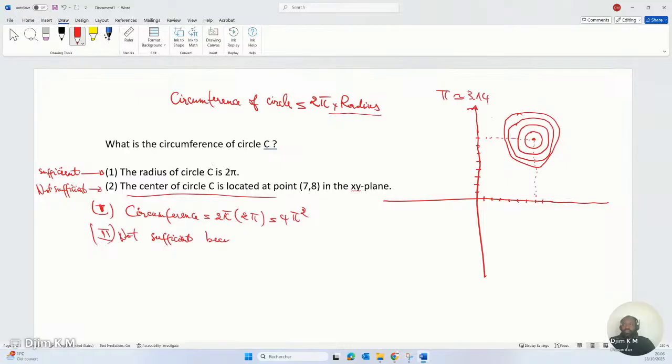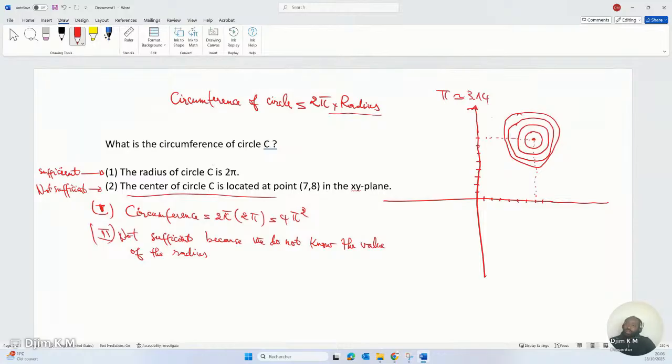Insufficient because we did not know the value of the radius.